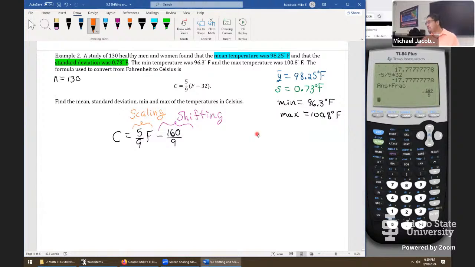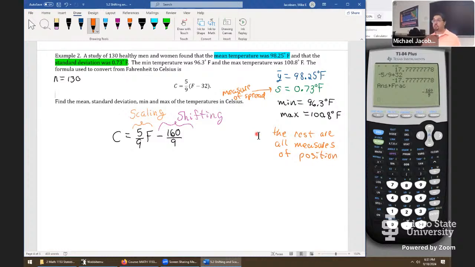Absolutely, good call. So this one is a measure of spread. The rest are all measures of position.